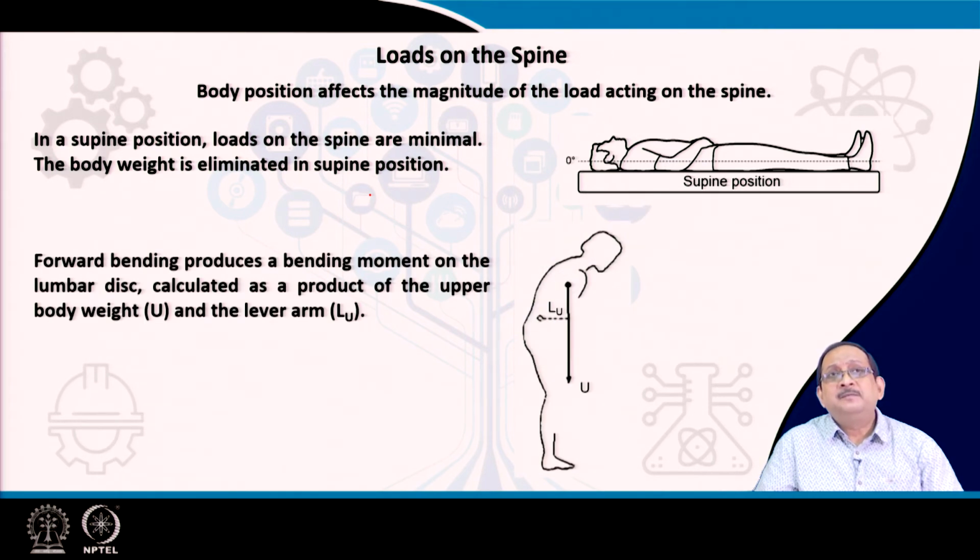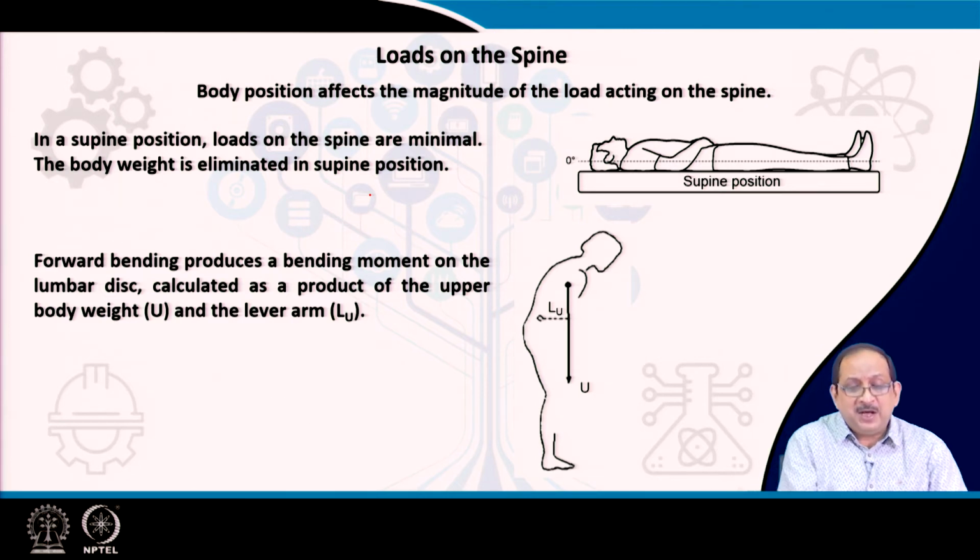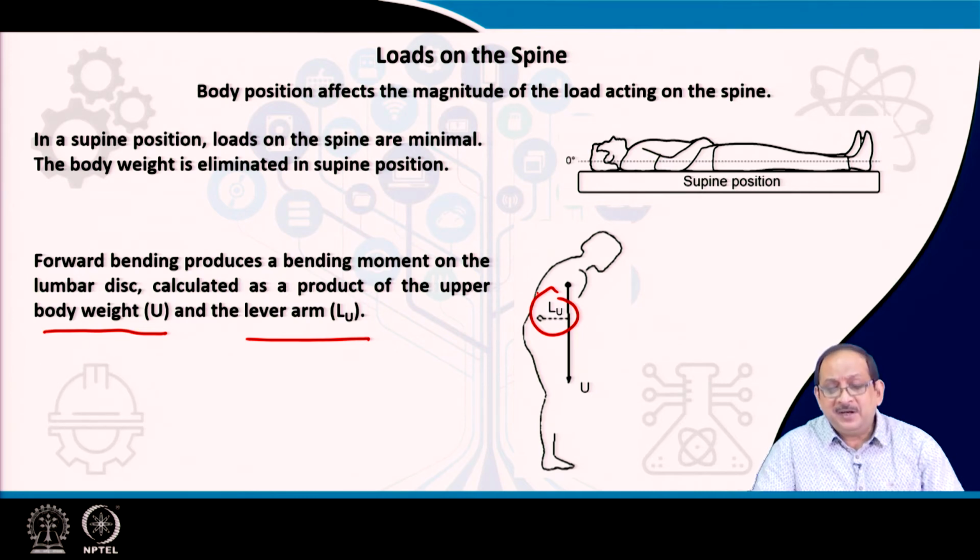Forward bending produces a bending moment on the lumbar spine, calculated as a product of the upper body weight and the lever arm. The lever arm is indicated as LU and the weight of the upper part of the body as U.